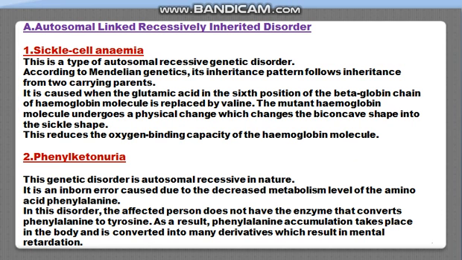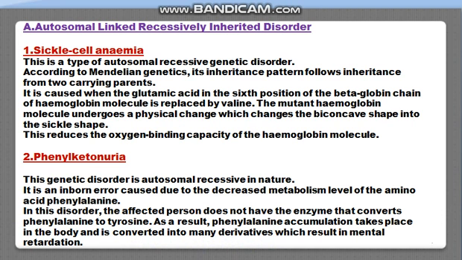So in this type of disorder, that is phenylketonuria, the affected person does not have the enzyme that converts phenylalanine to tyrosine, and as a result phenylalanine accumulates in the body and it is converted into many derivatives which results in mental retardation.